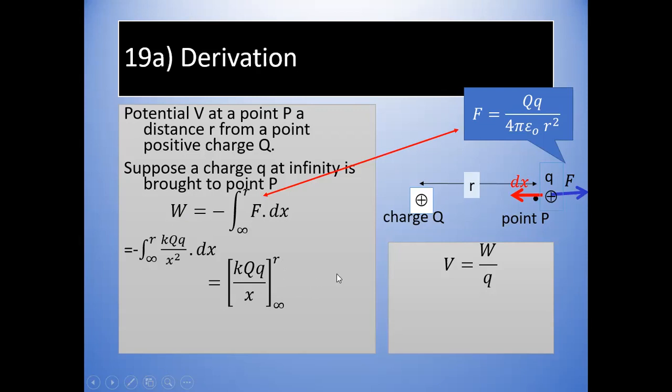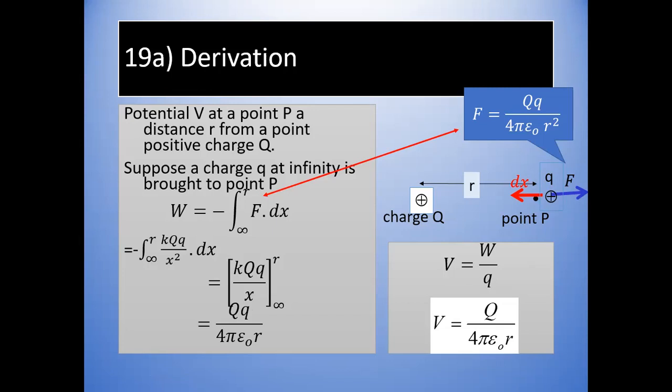Then we put in the values. Infinity is 0. So we only get Qq over 4 pi epsilon naught R. Then we use our definition for potential difference, W divided by q. That is why we calculate W or U divided by our test charge. This is your test charge, remember? Then we get our formula.